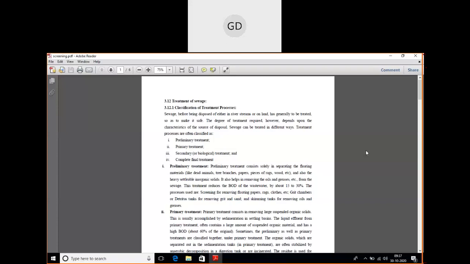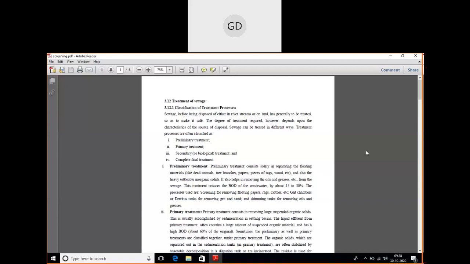This can be carried out under either aerobic or anaerobic conditions. In these biological units, bacteria decompose the fine organic matter, which produces a clearer effluent.